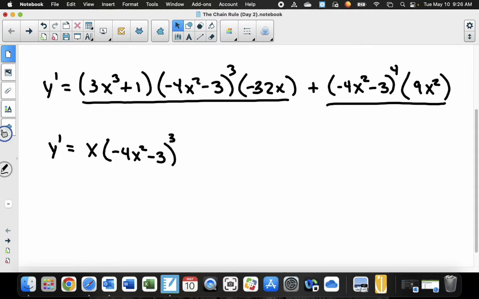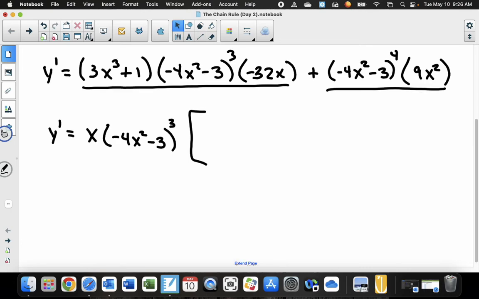And then if we take a look, there is no other 3x cubed plus 1. There's no factor to go with it, so we're going to leave that alone. These are the things that the two terms have in common. Now I'm going to put a bracket here to signify that this is the part I'm going to work on now, just to keep things organized. In this whole first quantity, we didn't do anything with the 3x cubed plus 1, so I'm going to bring that down.